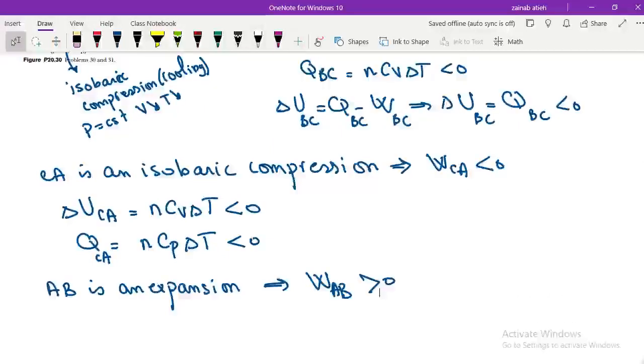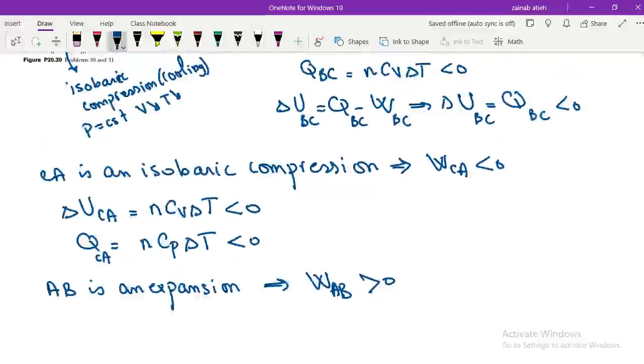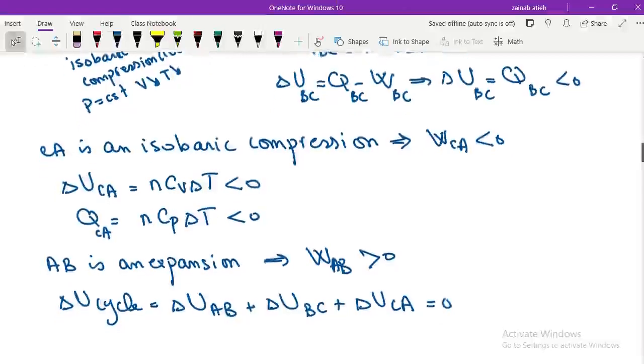Let's start with delta U. So delta U of a cycle is equal to delta U_AB plus delta U_BC plus delta U_CA. Okay, this must be all equal to 0, because we have already explained that U is a state function and it's equal to 0 for a cycle.